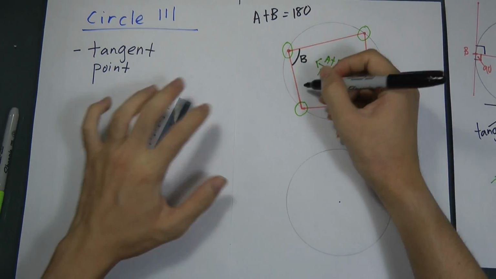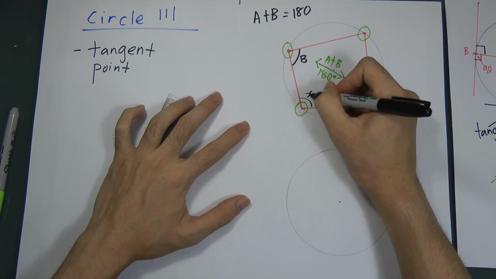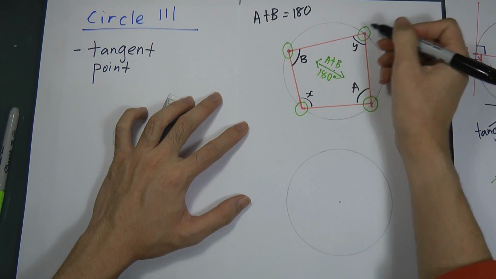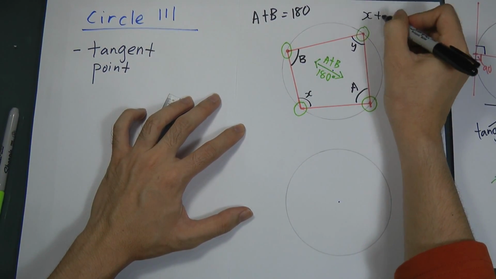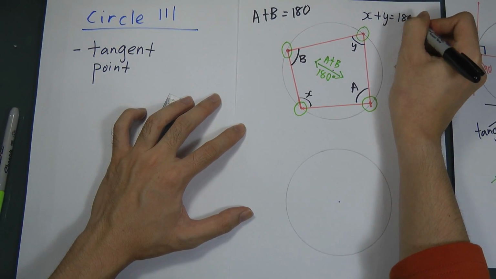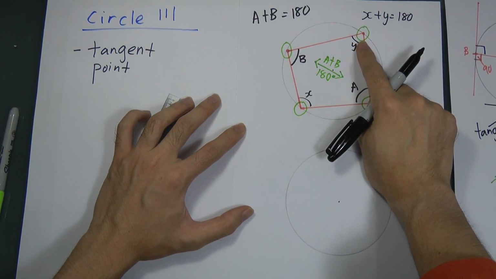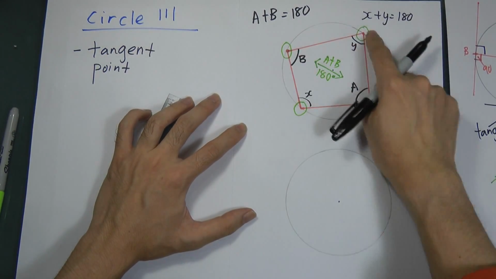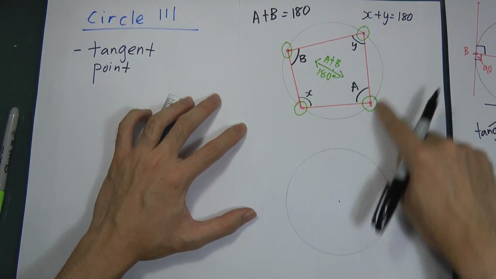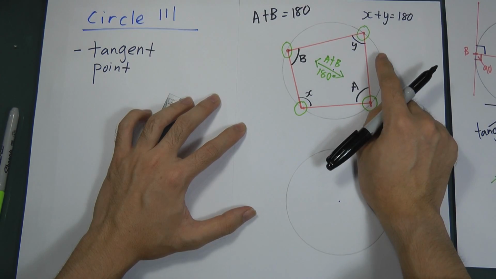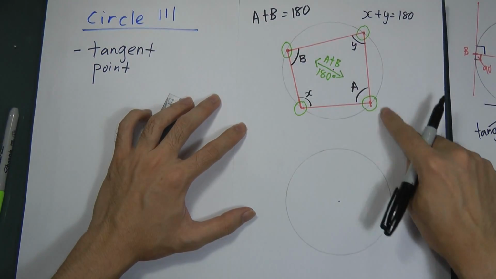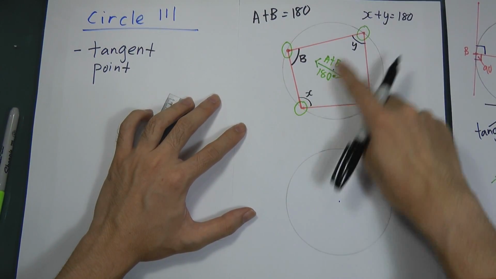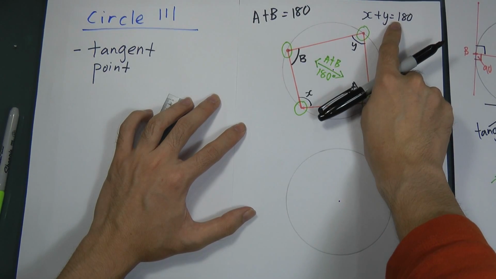If I call this angle X and this angle Y, X plus Y will also equal 180, opposite angles. As long as they are inside the circle and all 4 points touch the circle, you can apply this rule: opposite angles added together equal 180.